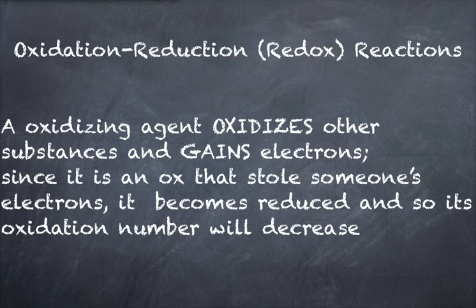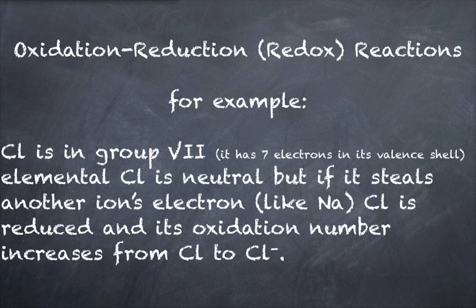Since it stole someone's electrons, it becomes reduced, and its oxidation number will decrease. For example, chlorine is in group 7. Normally it's neutral, but if it steals an electron so that it can make its octet, like it steals sodium's electron, it becomes reduced and drops in charge. So it goes from chlorine to chlorine negative. I hope this helps you.